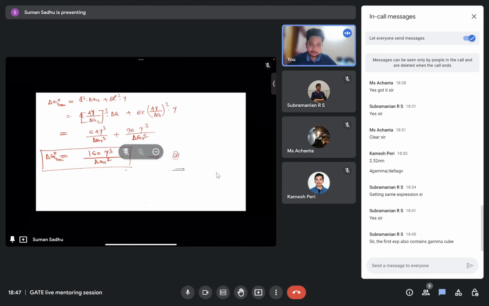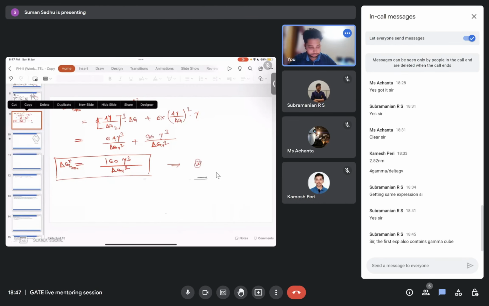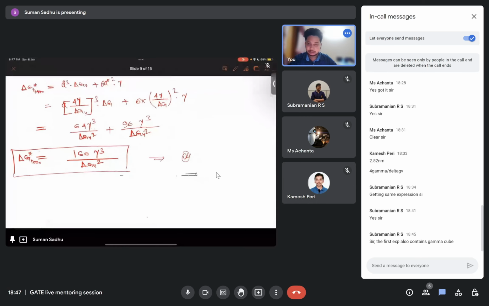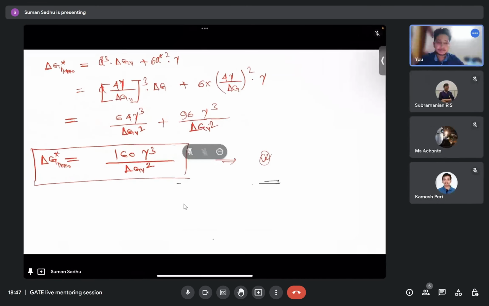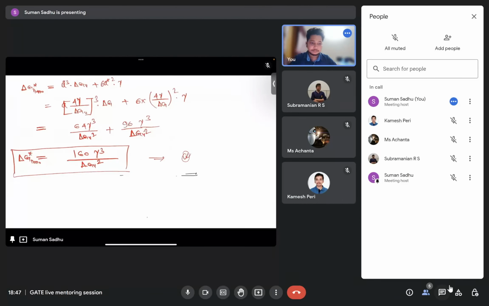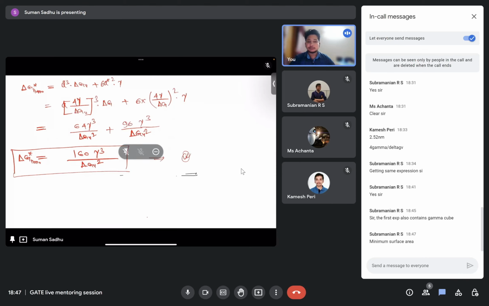In general, which type of nucleus generally forms? Mostly we consider it spherical. So why do you consider it spherical? Yes, right. A spherical nucleus basically has minimum surface area.